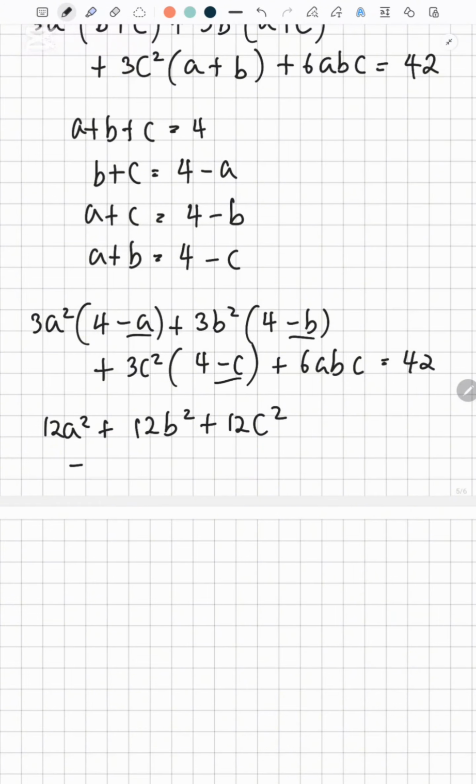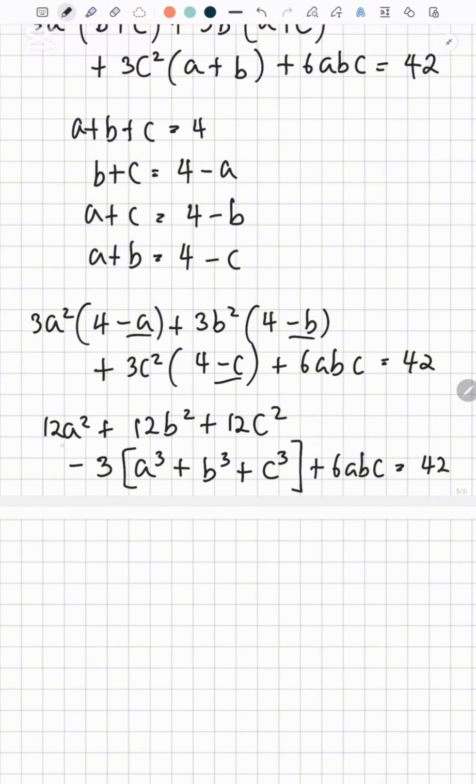So I can take the minus out, and you can take 3 out, and I can write a cube plus b cube plus c cube, plus 6abc equals 42.